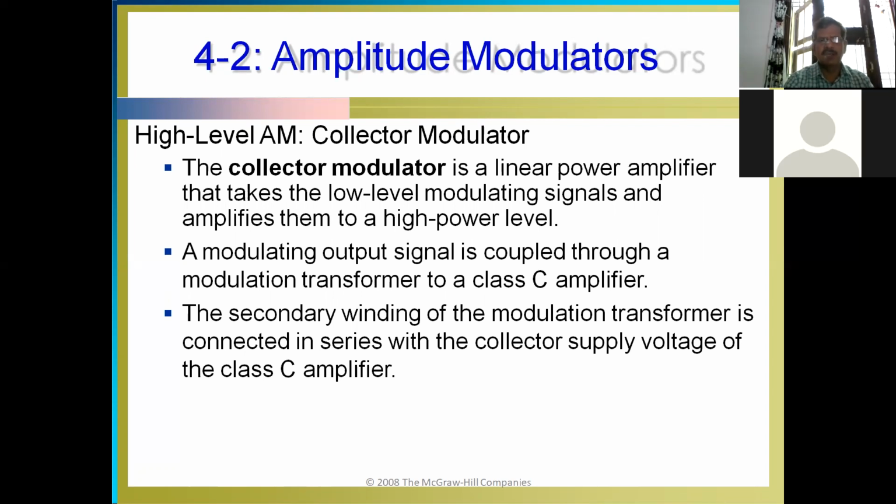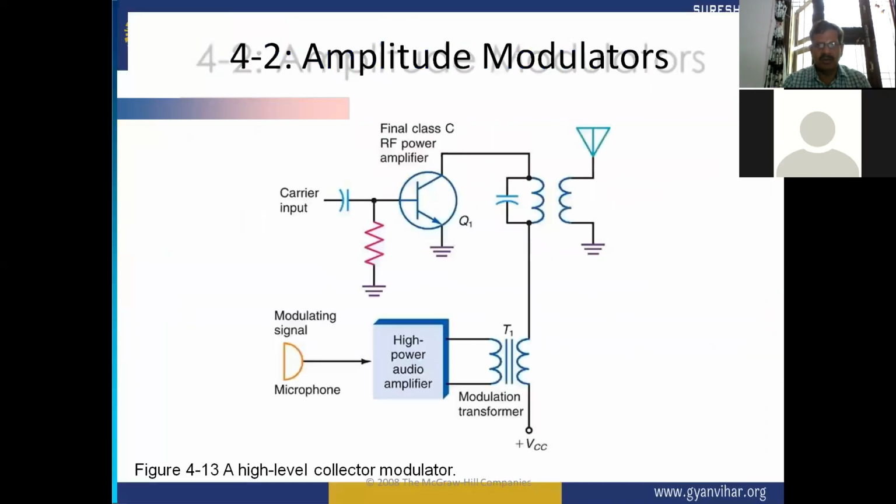Collector modulator is a linear power amplifier that takes the low level modulating signals and amplifies them to high power levels, and the modulating output signal is coupled through a modulation transformer to a class C amplifier. So you see in this circuit diagram, that is the high level collector modulator.